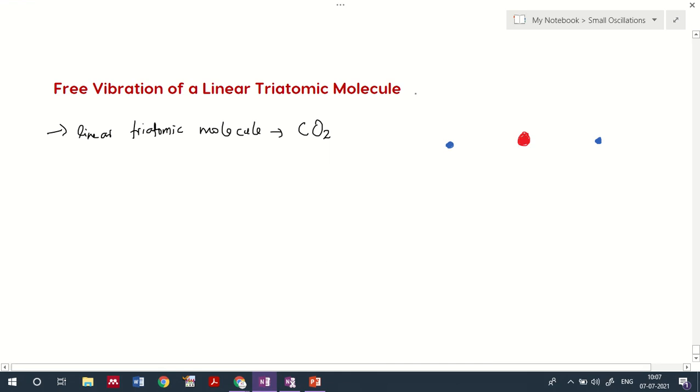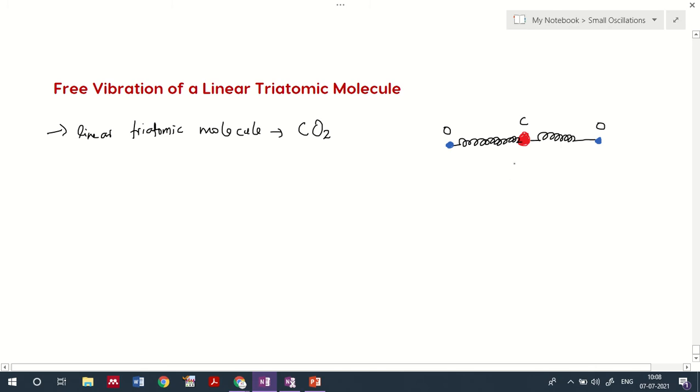So which is interconnected by, just assume that there is a spring associated with it. So this is our oxygen, and this is our carbon, and this is oxygen again. So that is a linear carbon dioxide molecule, as you can see over here.